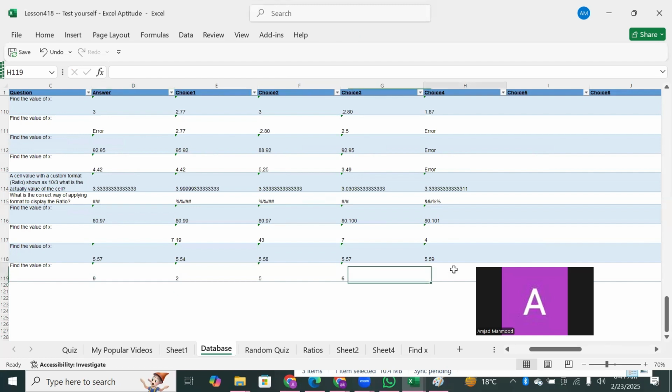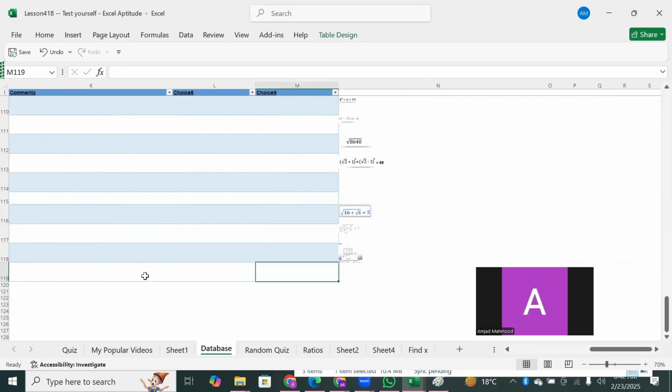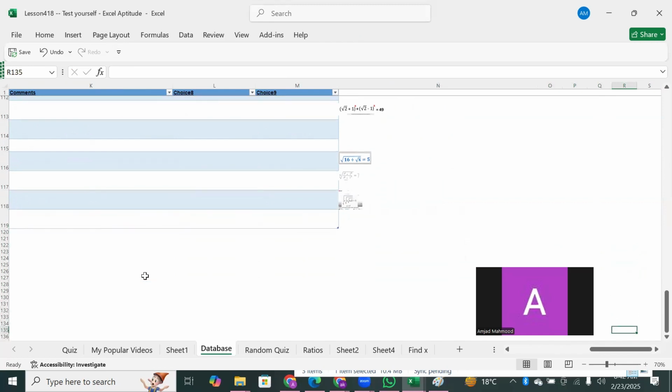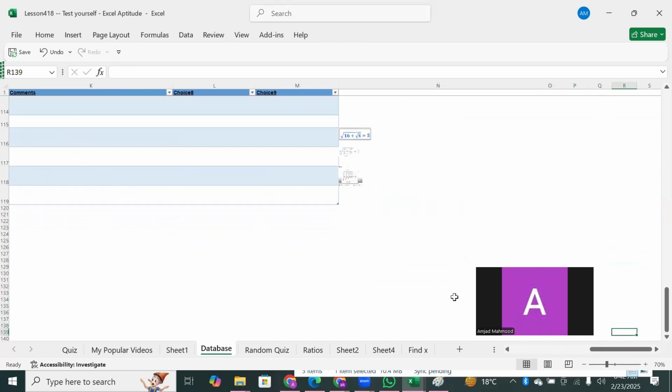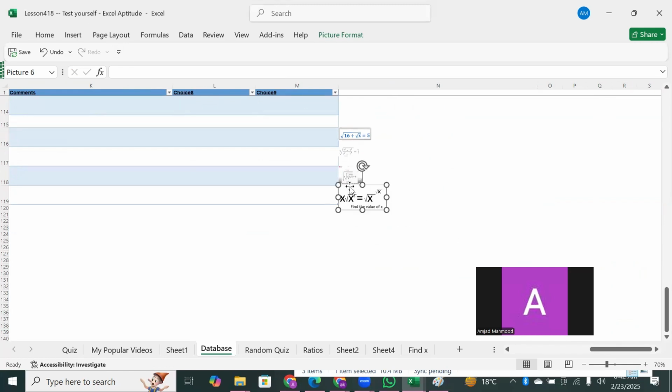And this is also a text. So these are our questions, and this is where we were going to put it. So let's put it here, Control V.